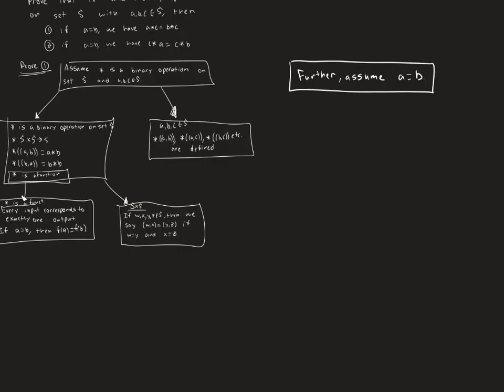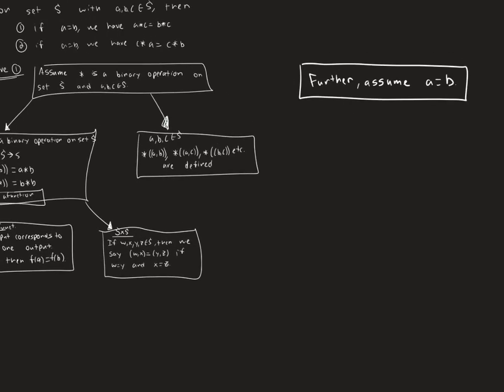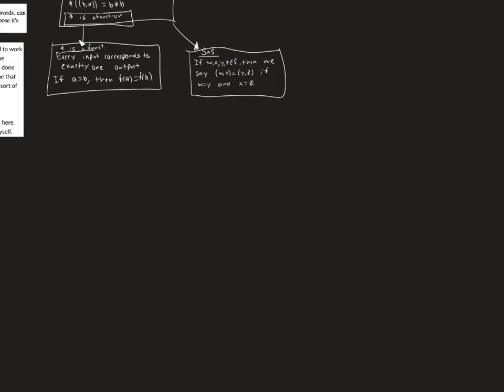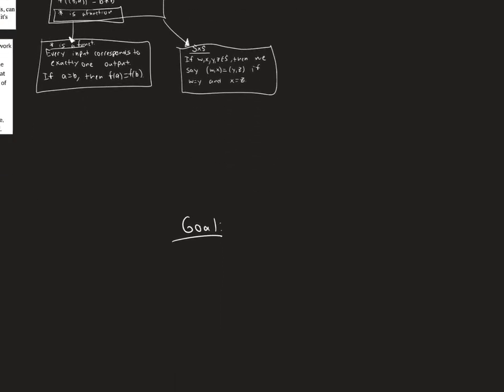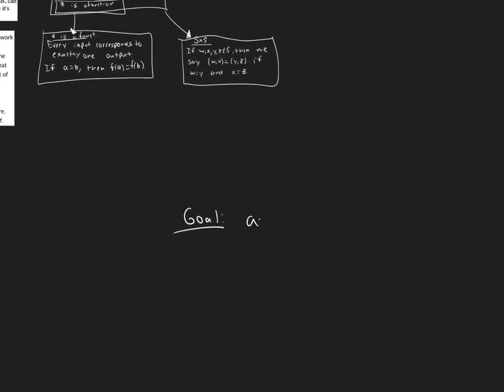Now here's where you have to get creative and take this all in. Where's our goal? Our goal is A star C equals B star C. Well, how can we get that?